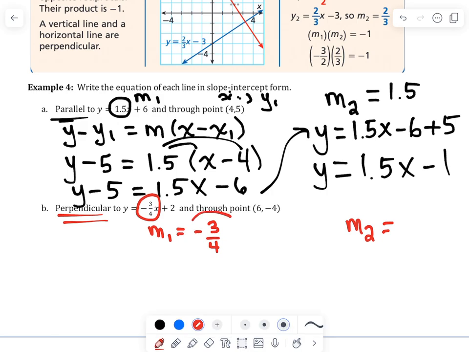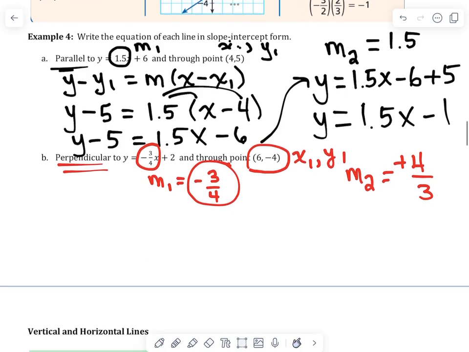So we take this number right here and we flip it, and then we change the sign. Since that was a negative slope, we're going to change this to a positive slope. So now we have the negative reciprocal. Here's our point, so that's x1 and y1. So now we plug it into point slope form.